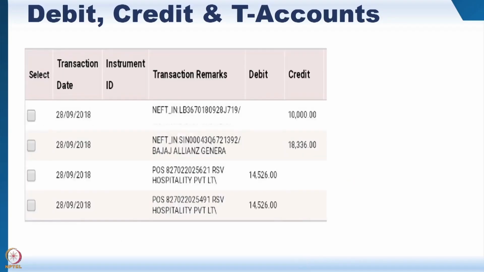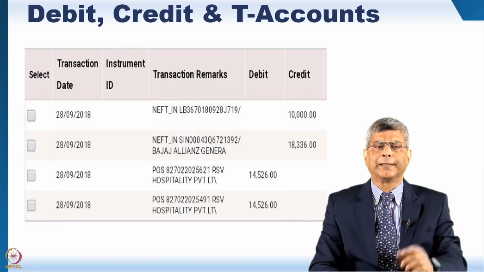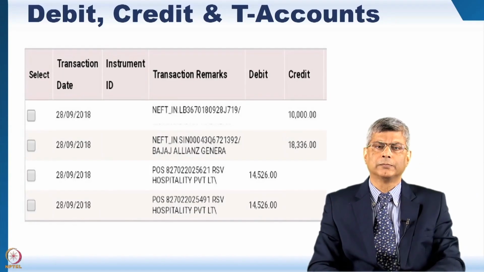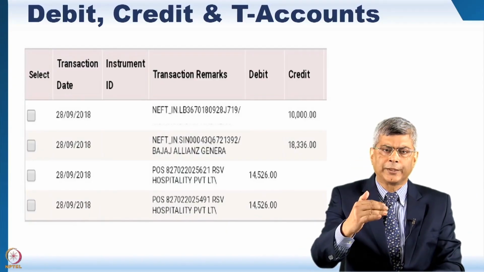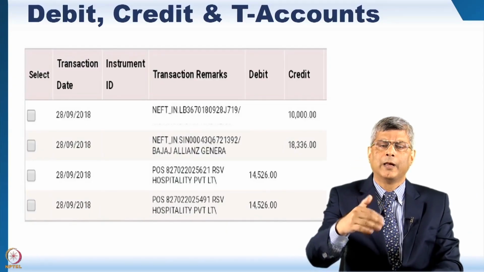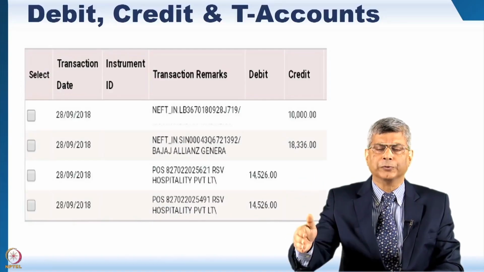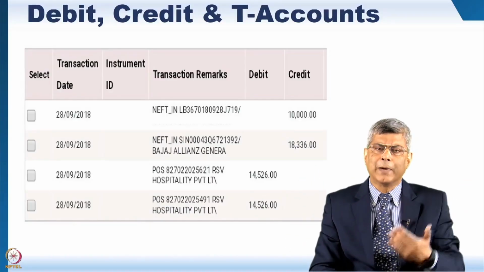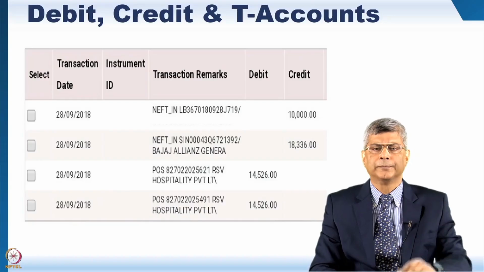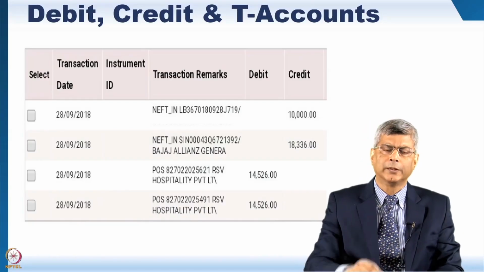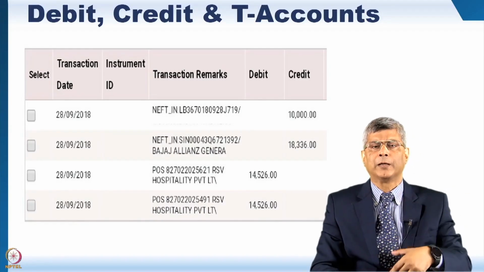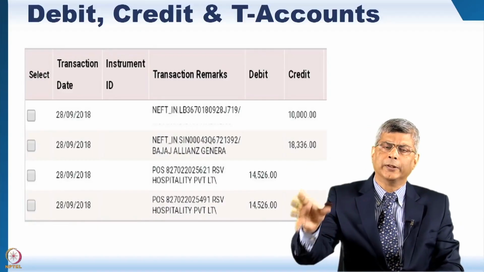So if you look at a typical bank account, you'll probably get a bank account statement like this. There'll be a date, there'll be a transaction list, and there'll be a debit or a credit amount. If you get money in, it could be a salary, it could be a dividend, it could be an interest. If money comes to your account, it's a credit entry into your account.